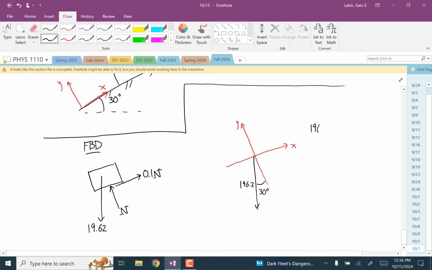So 196.2 times cosine and sine of 240. So for the x component, that is negative 98.1. For the y component, that's negative 169.91.